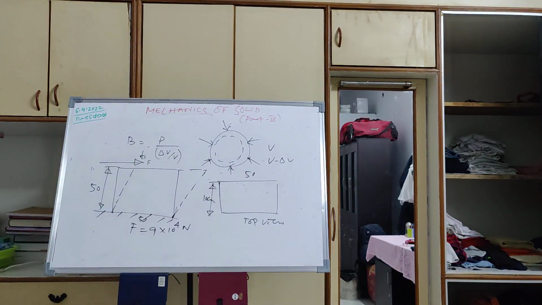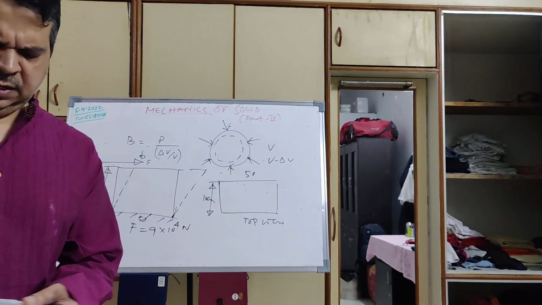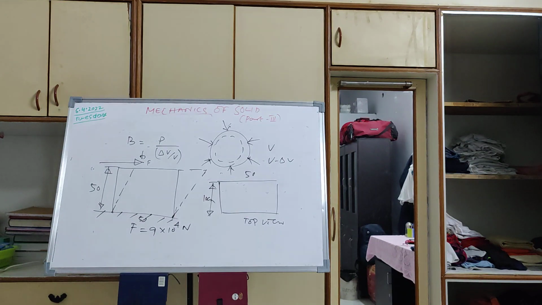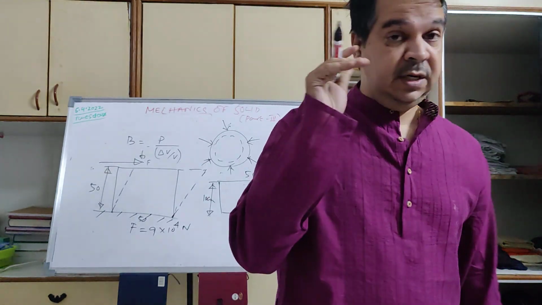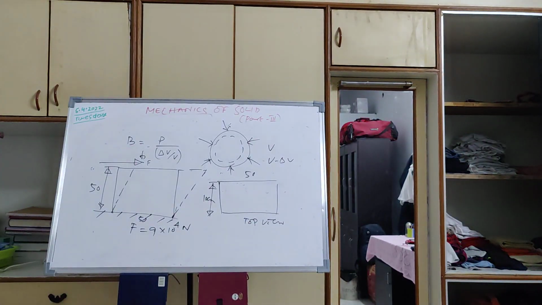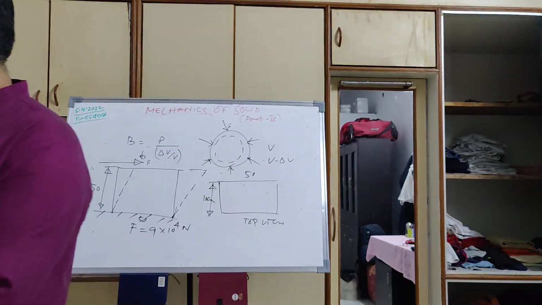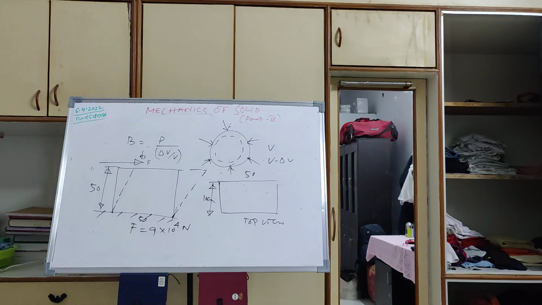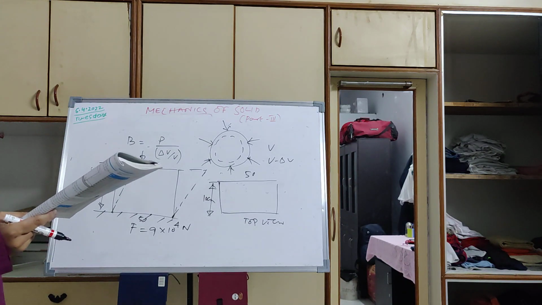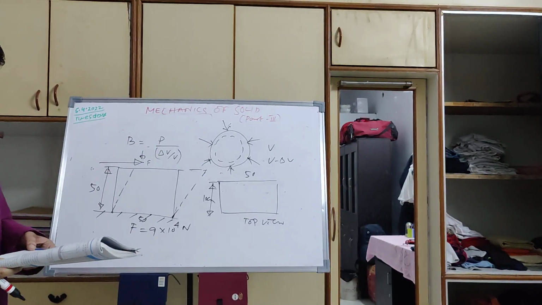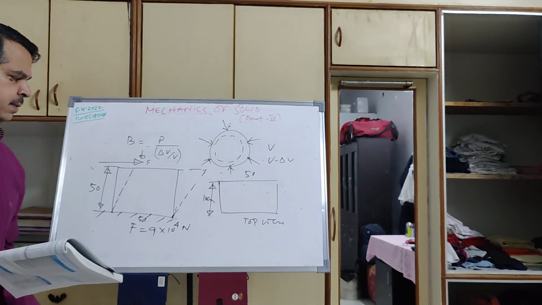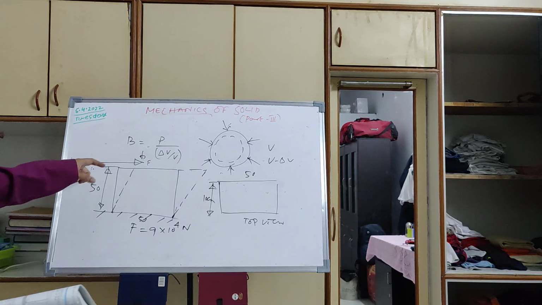We were doing one numerical, because you have now studied Young's modulus, rigidity modulus, longitudinal strain and shear strain. So this numerical: a square lead slab of side 50 cm, and its depth is 10 cm.